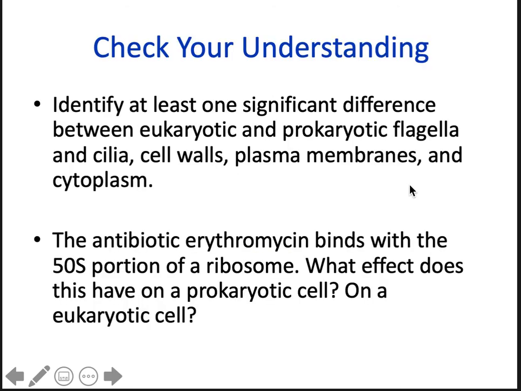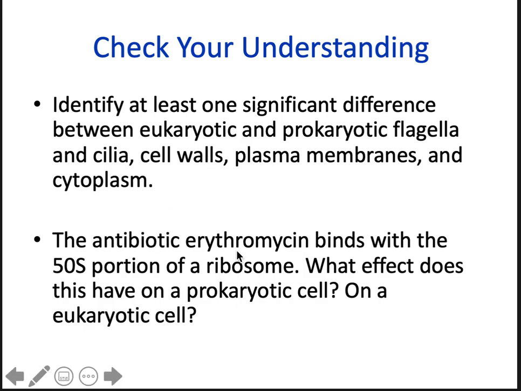So make sure that you understood the significant differences between eukaryotes and prokaryotes, specifically flagella, cilia, cell walls, plasma membranes. I don't know why cytoplasm is written on there. The cytoplasm's mostly the same. You'll just find a lot more stuff in the cytoplasm of a eukaryote.